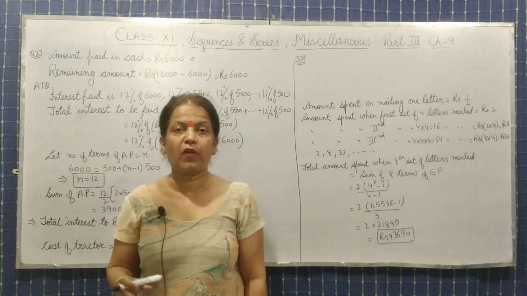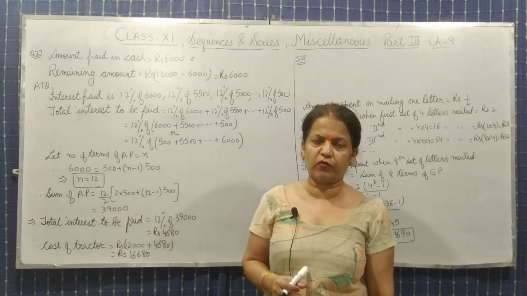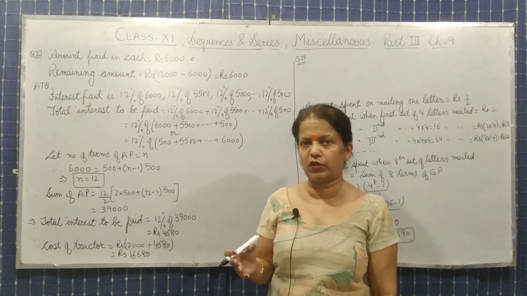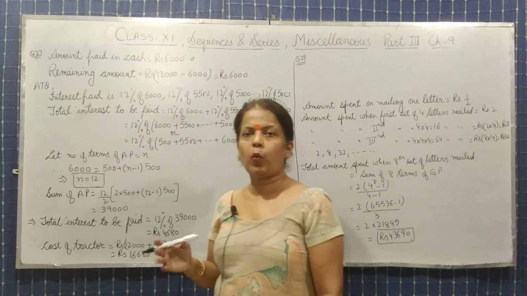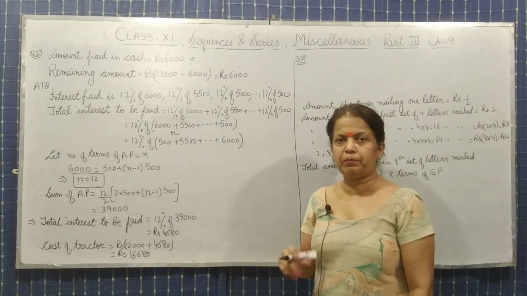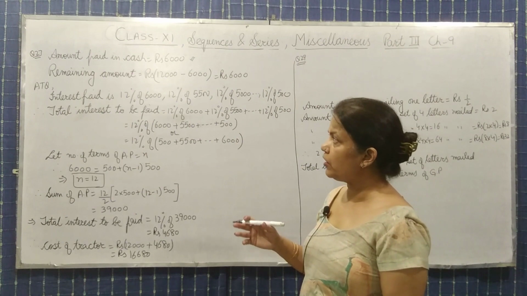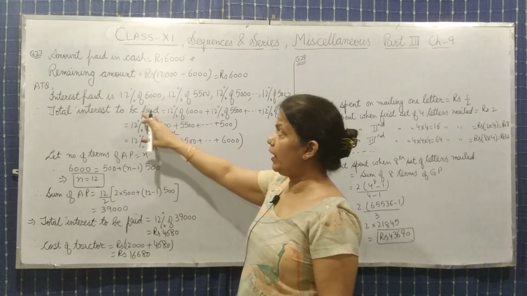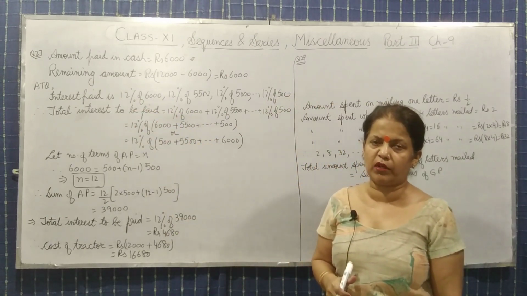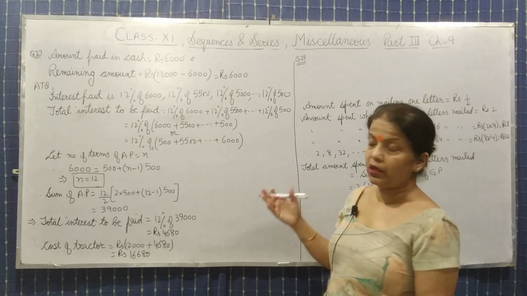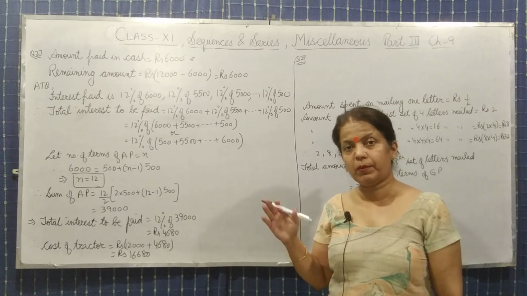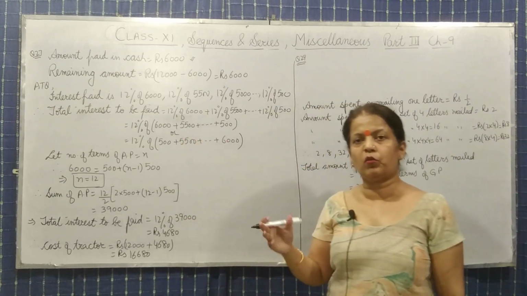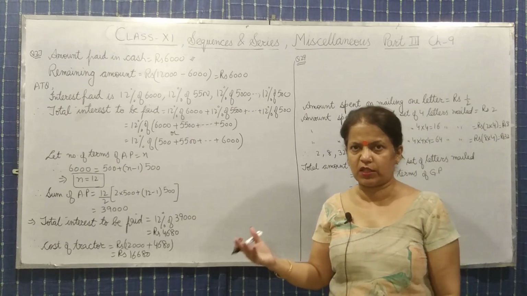A farmer purchased one old tractor for rupees 12,000, out of which he paid 6,000 rupees in cash, and whatever be the remaining amount, he pays 500 rupees per month, for which he has to give 12% interest on whatever be the left amount in the next installment.